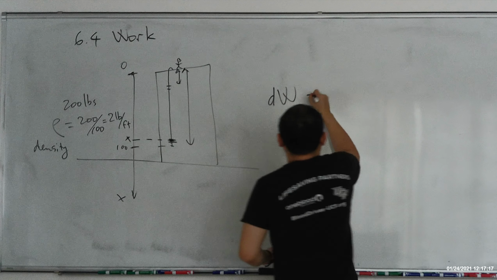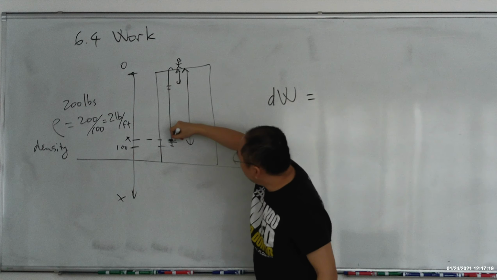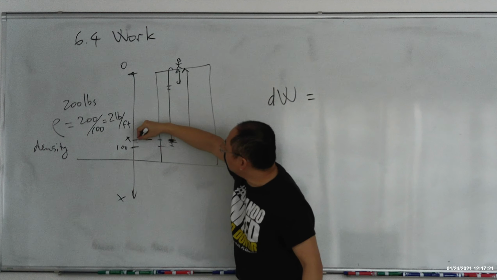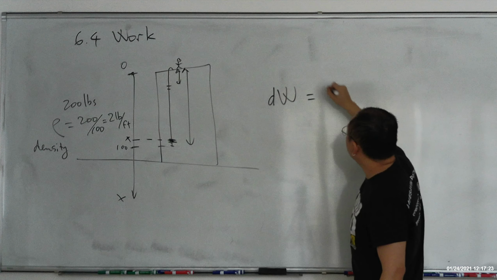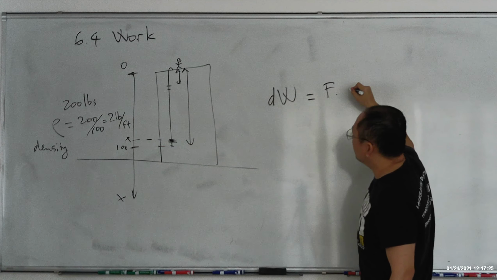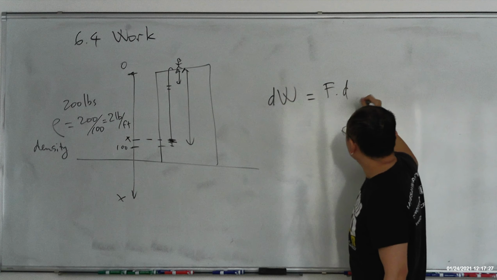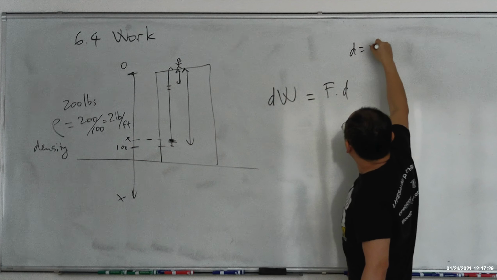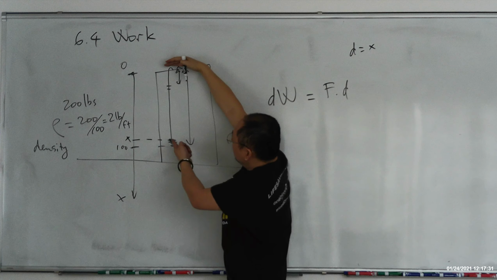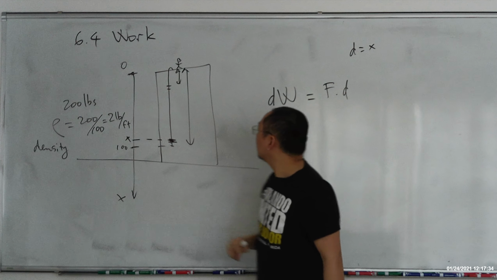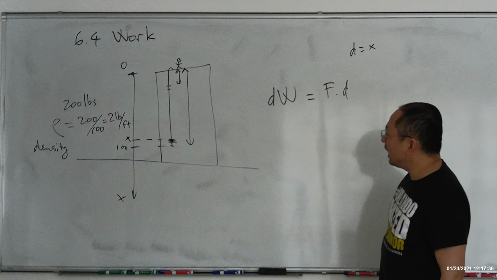So the little work that I need to move that little piece of cable from the position x all the way up is the force times the distance d, right? d is now equal to x. d is the distance from here to here, which is the same thing as x in this case. And what about the force?